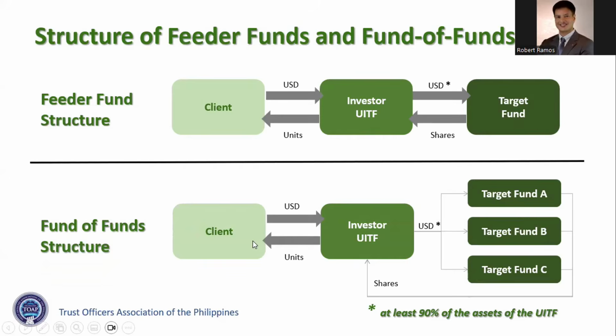The same thing happens here, but you have several target funds for the fund of funds structure. Remember, for both, at least 90% of the assets of the investor UITF have to be invested in the target funds.